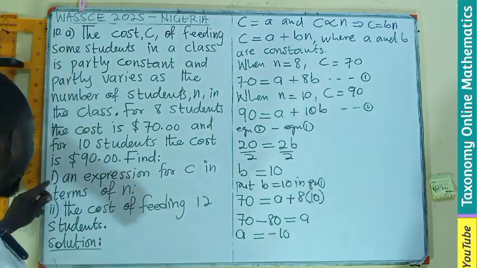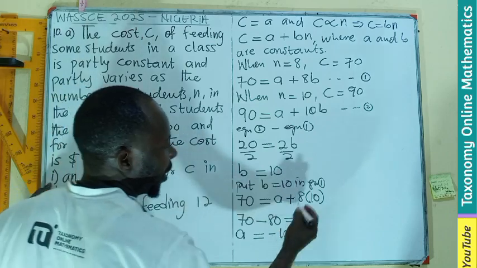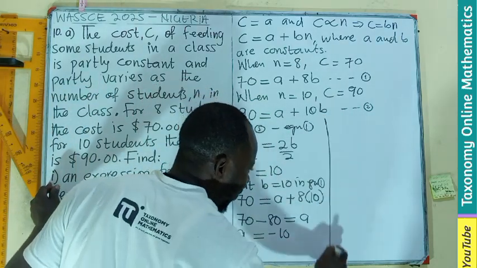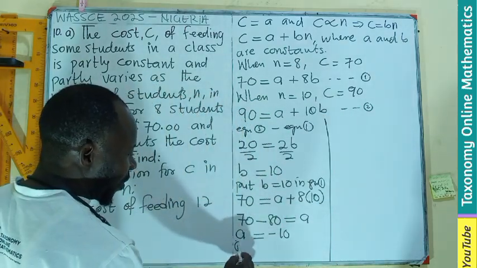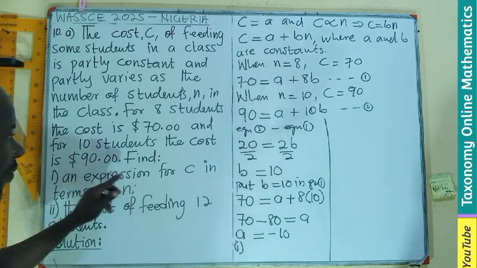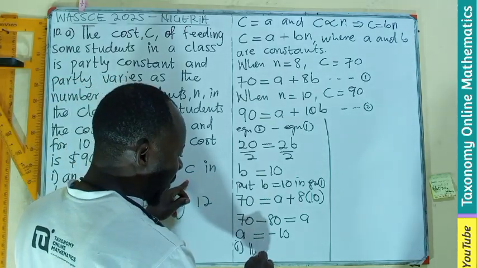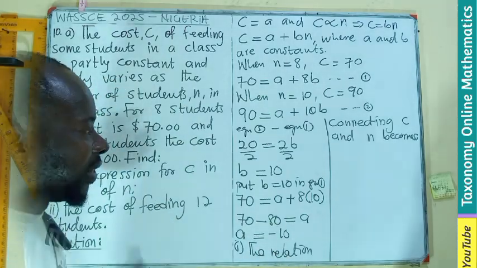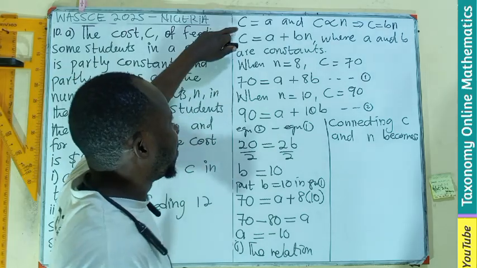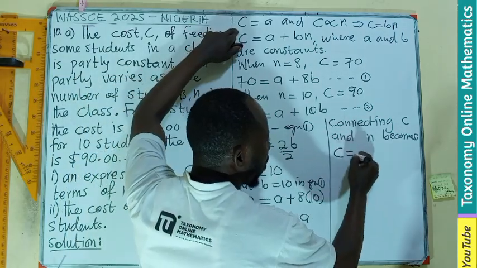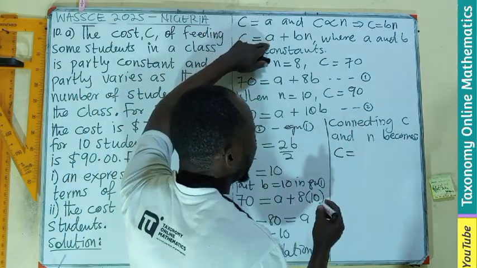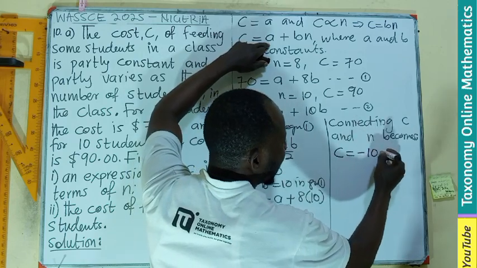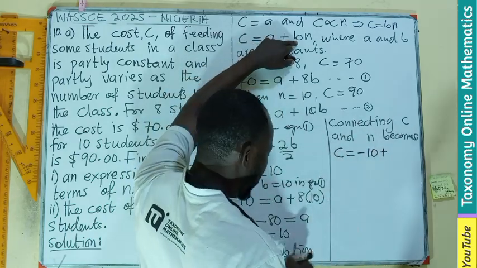So the first part of the question is asking for an expression of C. So the relation connecting C and N becomes, we have C still equals A, which is now going to be negative 10 plus B, which is 10N.